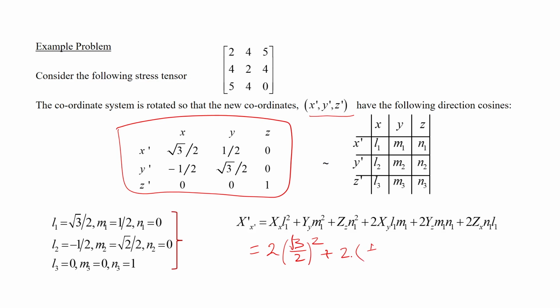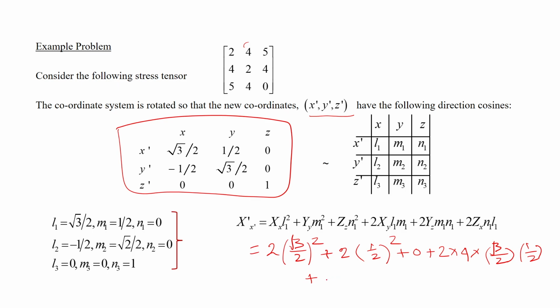M1 is 1 by 2, squared, plus sigma zz, which is equal to 0, so we do not have to worry about it, plus 2 sigma xy, where sigma xy is 4, so 2 into 4 into L1 and M1, where L1 is root 3 by 2 and M1 is half.